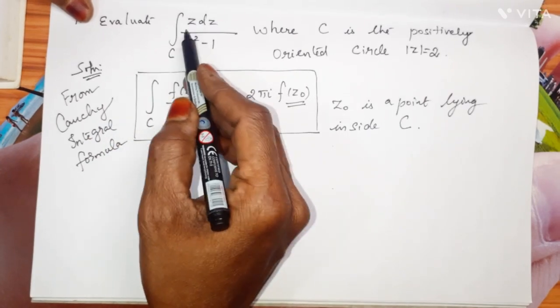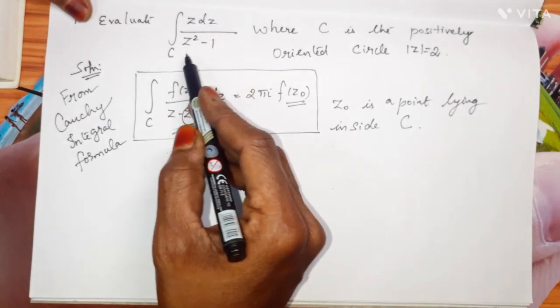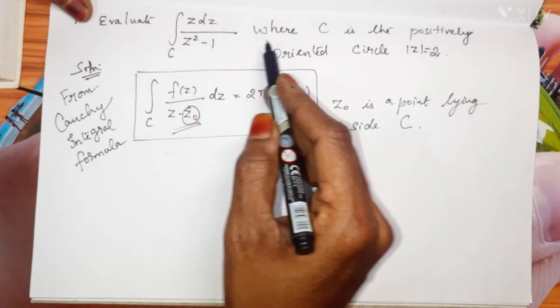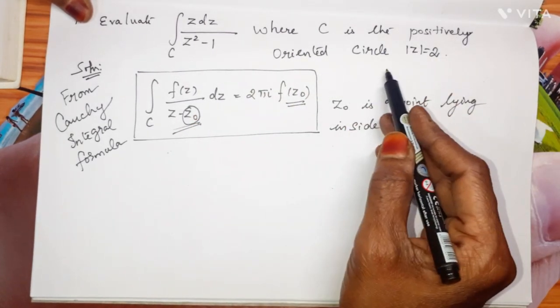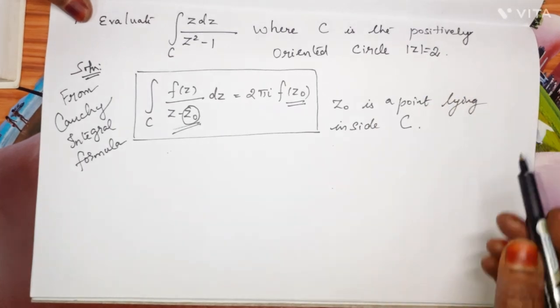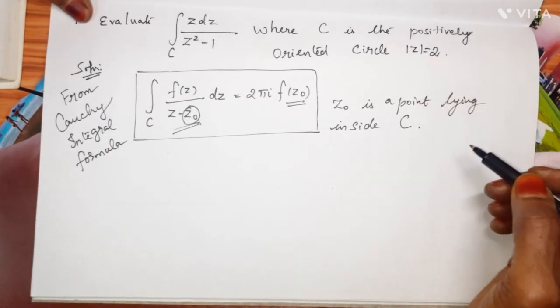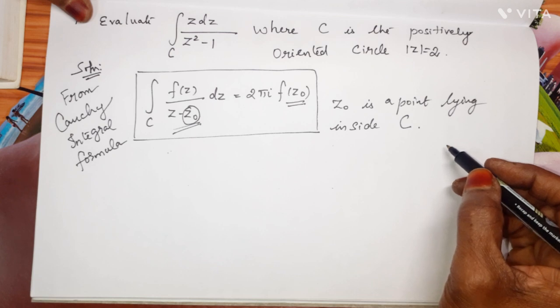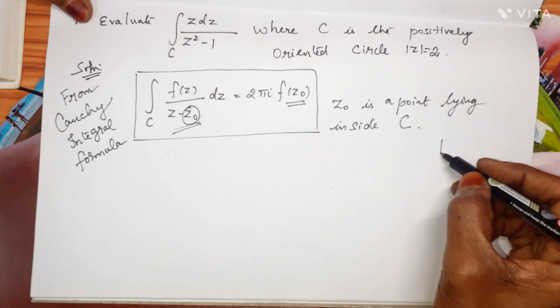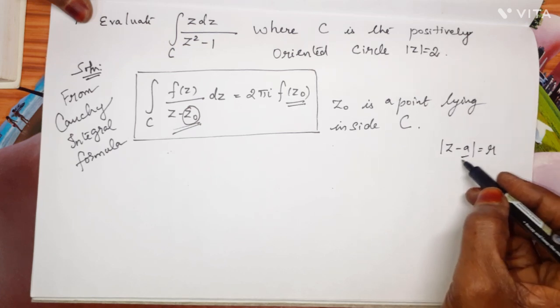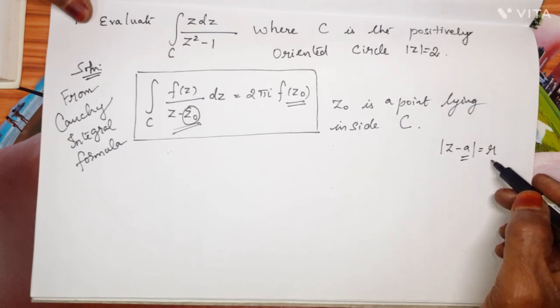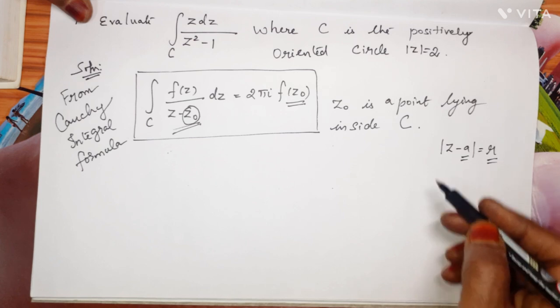We are going to evaluate the integral over C of z dz by z squared minus 1, where C is the positively oriented circle mod z equal to 2. Mod z equal to 2 means, we already know that the equation of a circle is modulus of z minus a equal to r, where a is the center of the circle and r is the radius of the circle.